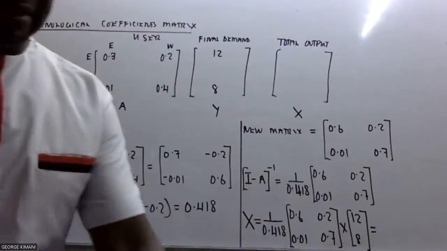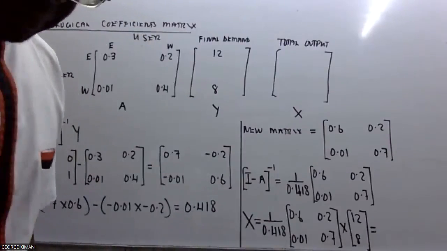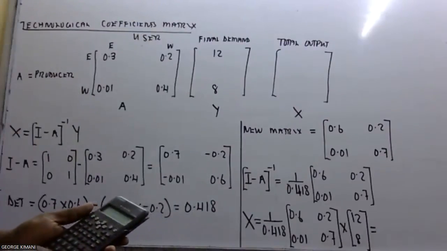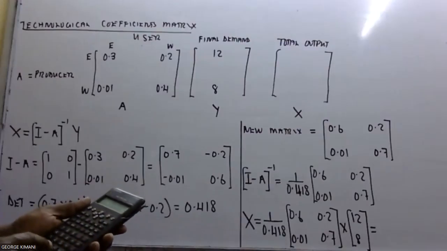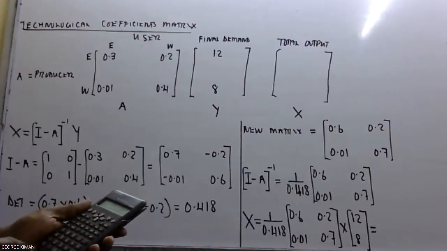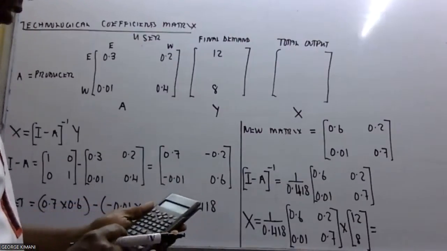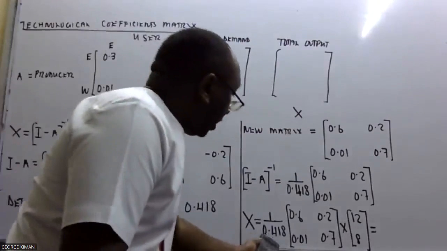To multiply the matrices, that's what will give us an answer. So 0.6 times 12 is 7.2, plus 0.2 times 8, which is 1.6, equals 8.8.